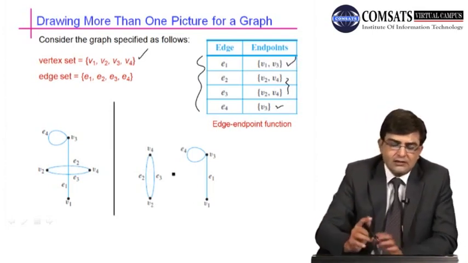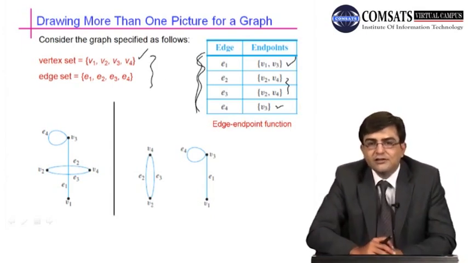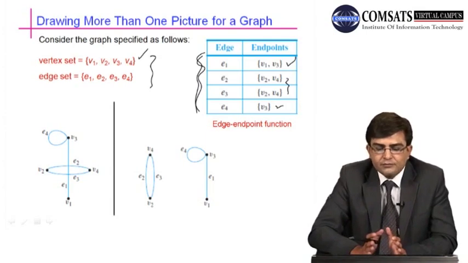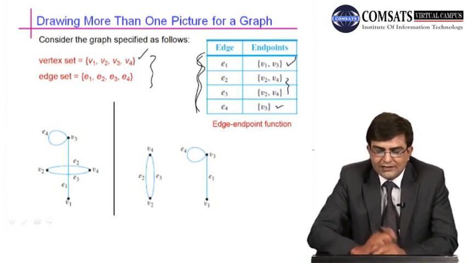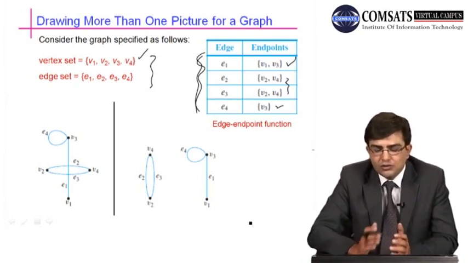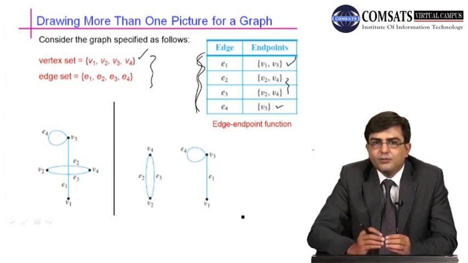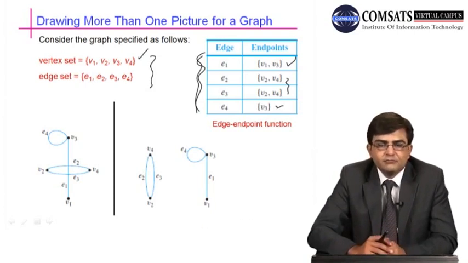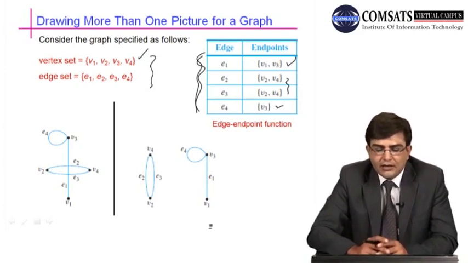Now using this information, the vertex set, edge set, and the edge endpoint function, we can draw more than one picture as a graph. This depends on how you draw or decide the position of the vertices, because any student, any person, thinks differently.